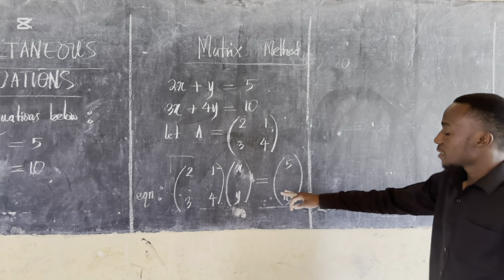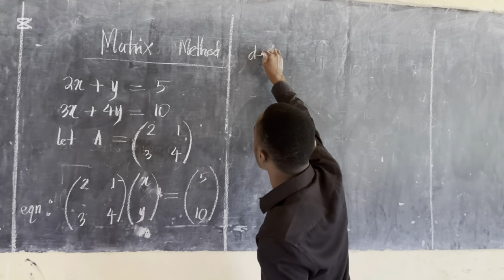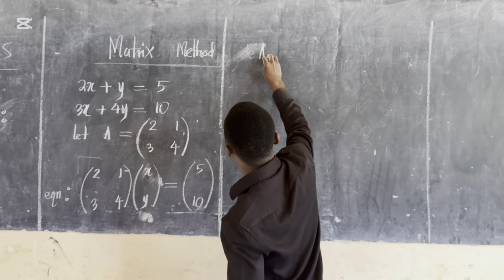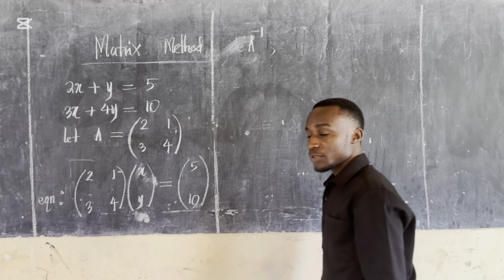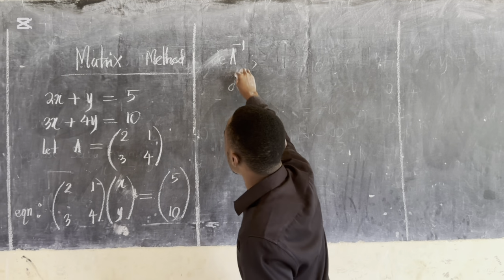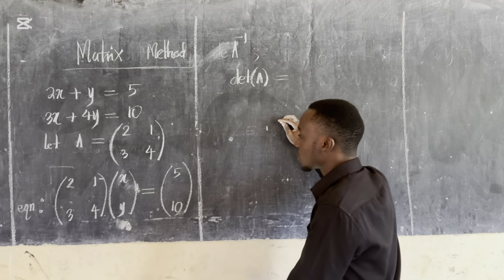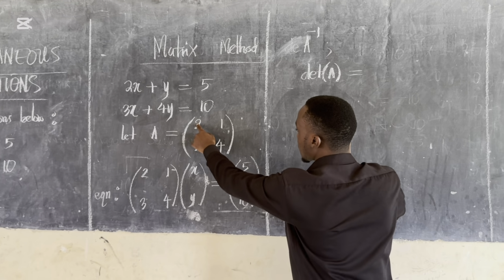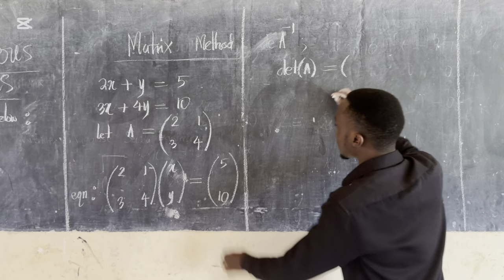After getting this equation, now we look for the determinant. Our aim is to get the inverse of A. But to get this inverse of A, we should have the determinant and the adjoint. So the determinant of A is equal to the difference between the products of the diagonals.